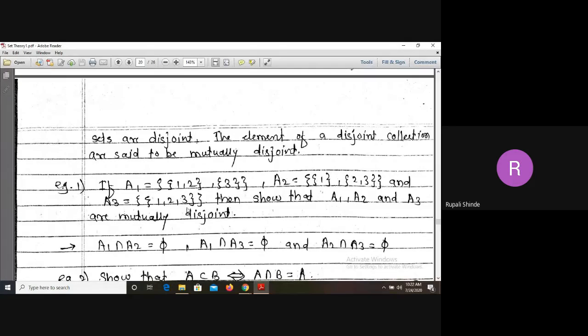Again, if you consider pair A2, A3, again nothing is common. That's why A2 intersection A3 equals phi. So here we can show that A1, A2, A3 are mutually disjoint as nothing is common between any two pairs of sets. So this is the concept of mutually disjoint.